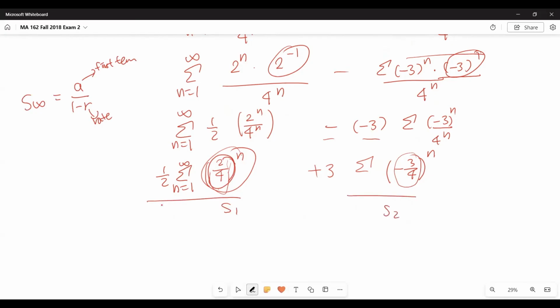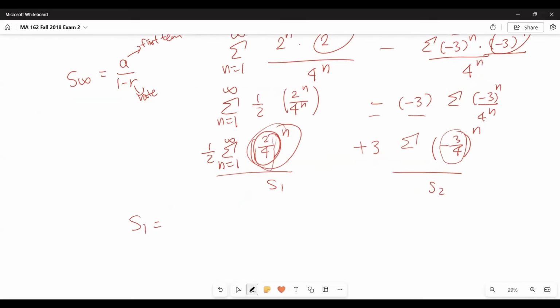Let's do s1 first, which does not include the 1 over 2, just the sigma part. So s1 is equal to a over 1 minus r. Our a is 2 over 4 to the first power, which is 1 over 2, but I'll just write 2 over 4 for simplicity.